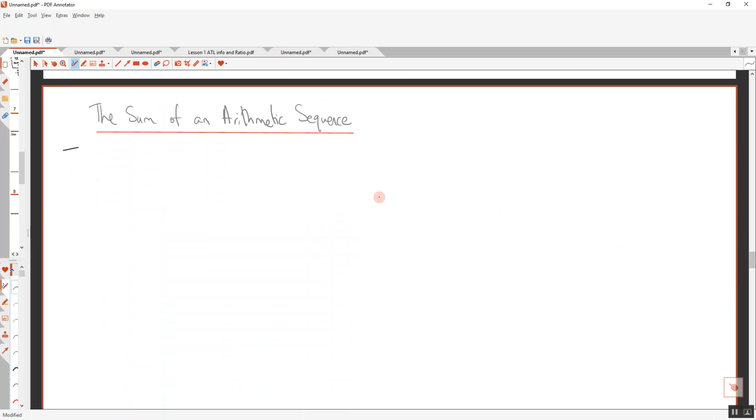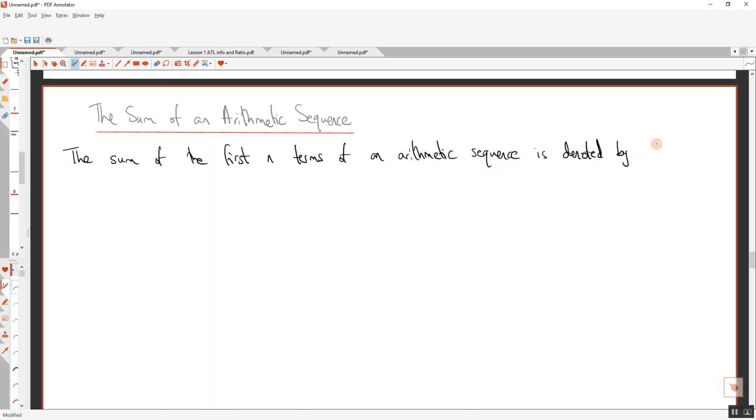Okay, so the sum of an arithmetic sequence. So the sum of the first n terms of an arithmetic sequence. Did you do the sums of them last year? I don't remember. Okay. It's denoted by capital S subscript n, okay?